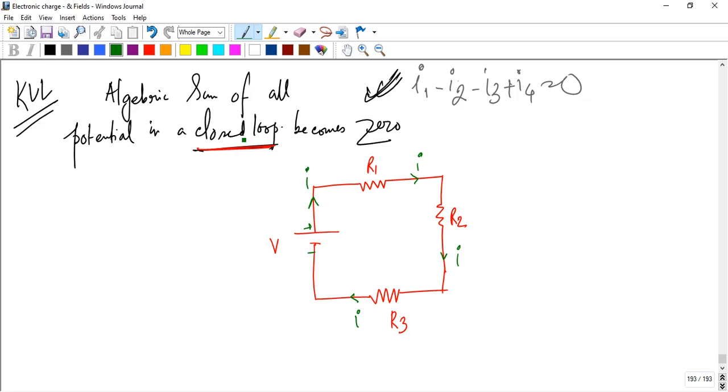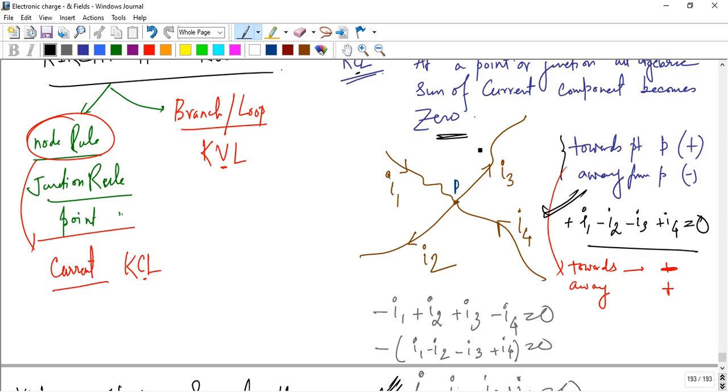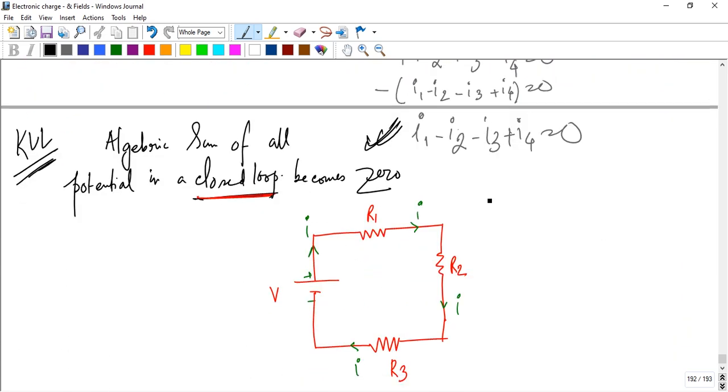Now apply KVL here. Suppose we apply KCL at point P, and here KVL at a loop, say loop L1. You choose any arbitrary direction, either clockwise or anti-clockwise.